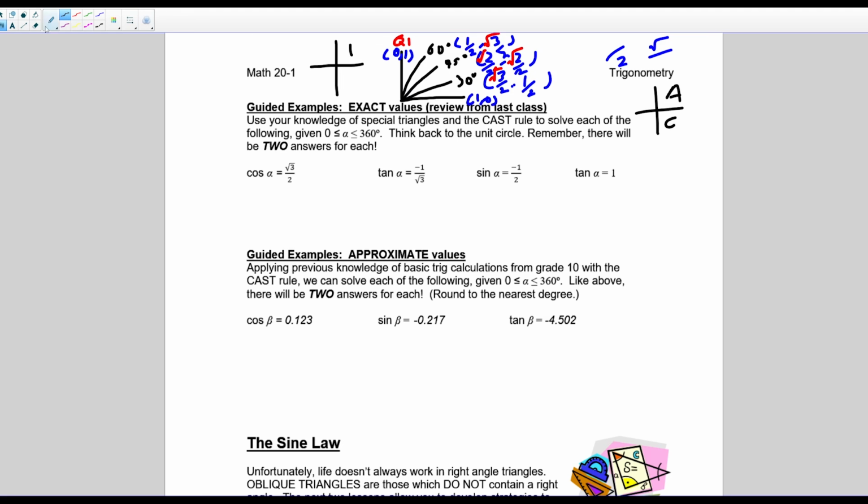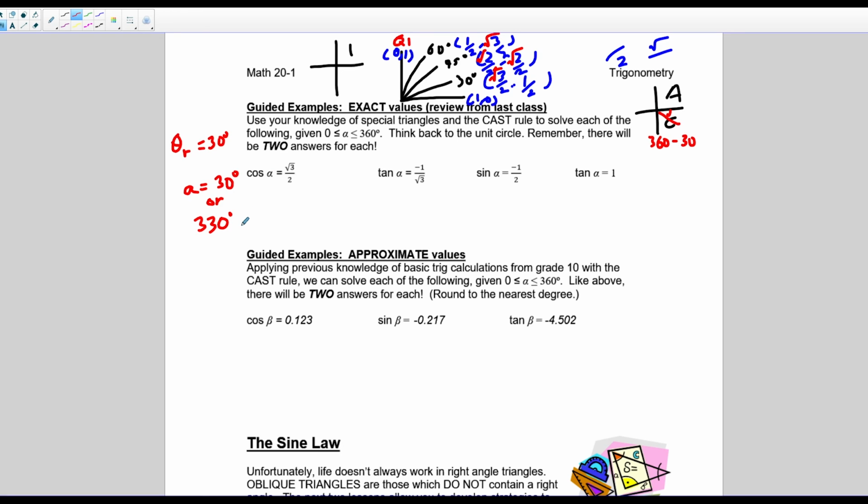Because we're looking at the 30-degree reference angle, our first answer is alpha equals 30 degrees. Or we also have 360 minus 30, because we know that we need 30 degrees coming this way. So that's going to be 360 minus 30 gives us 330 degrees.